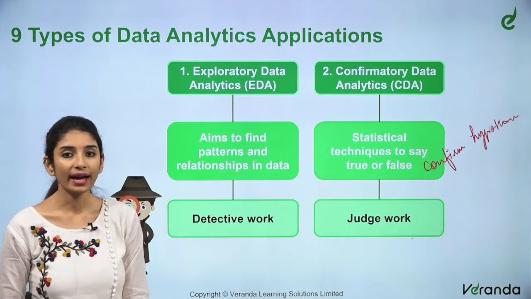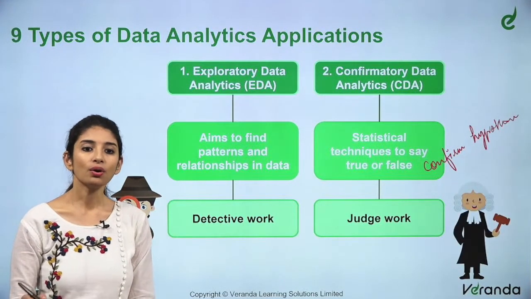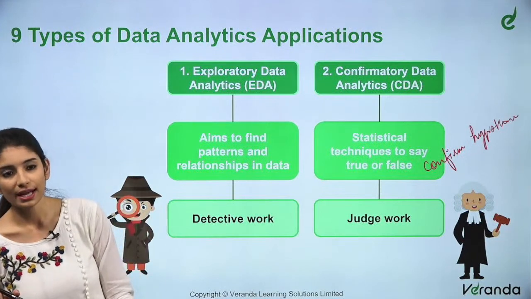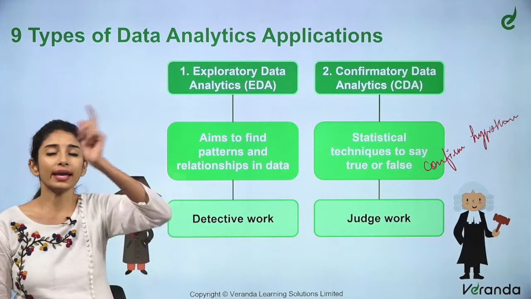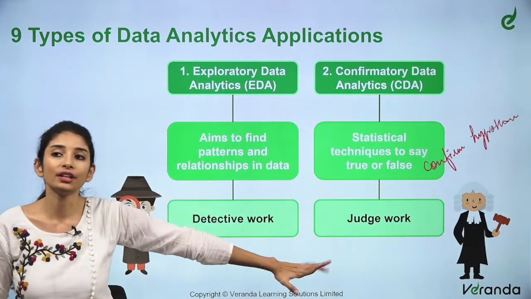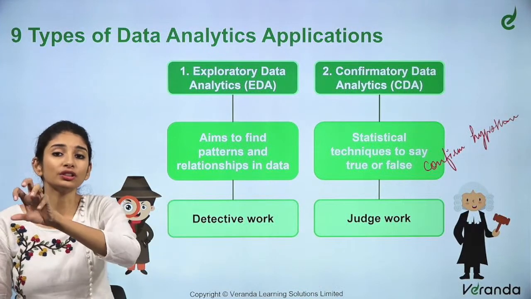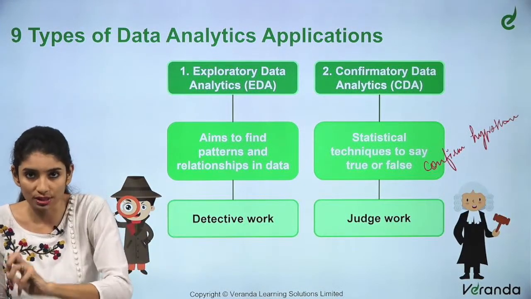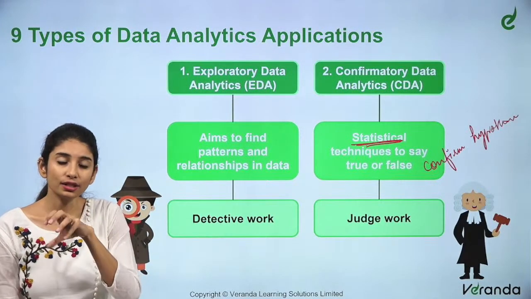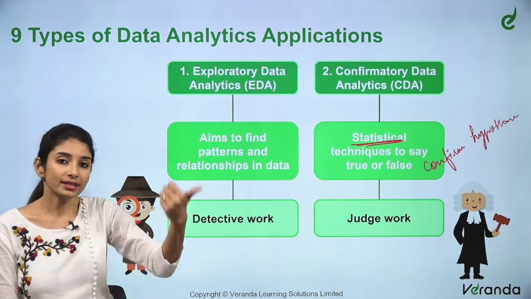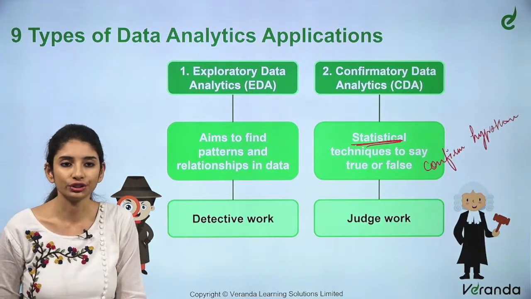So I have detective and judge both right here. Exploratory aims to find patterns and relationships in data. Confirmatory aims to confirm certain hypotheses of data using statistical tools, like sampling. Exploratory is the work of a detective, confirmatory is the work of a judge.